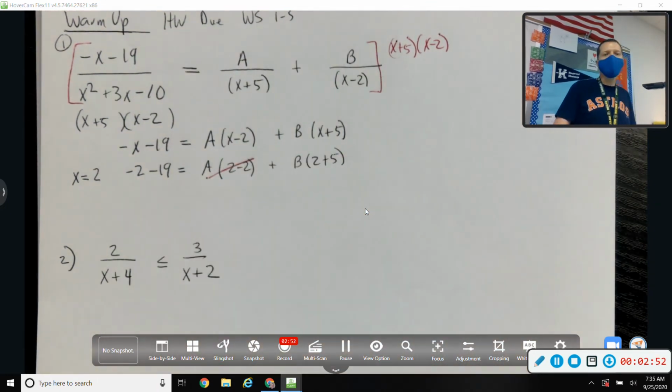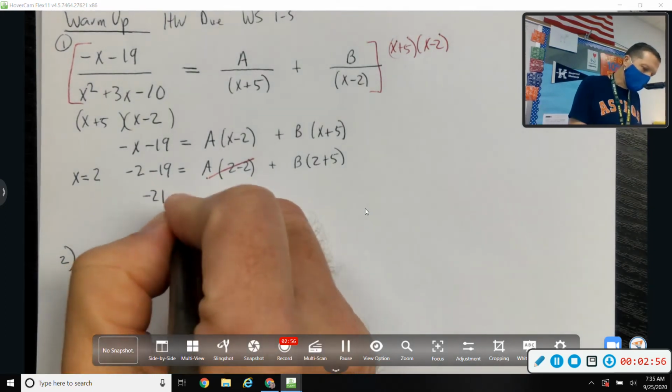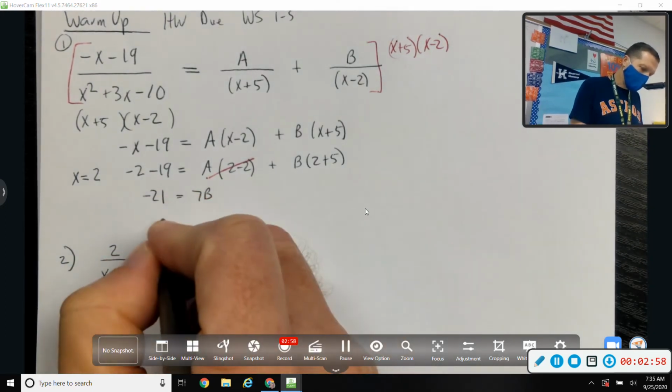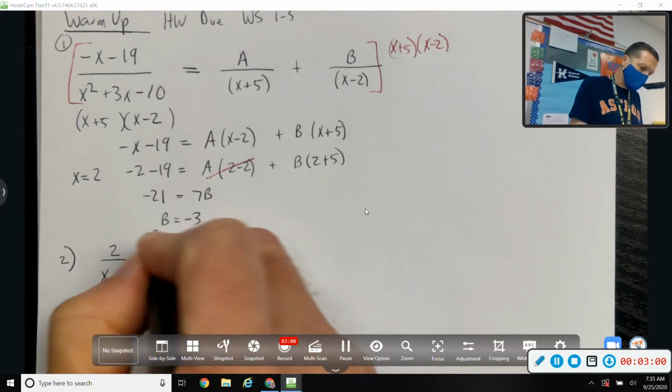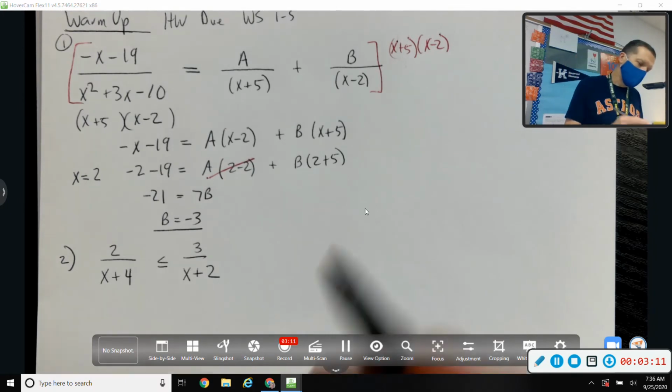Yay, great pick on the 2. That's gone. So negative 21 equals 7b. So b equals negative 3. That's nice. Most of the time for us, they're rigged to get integer answers. So if you don't get integer answers, you probably did something wrong.